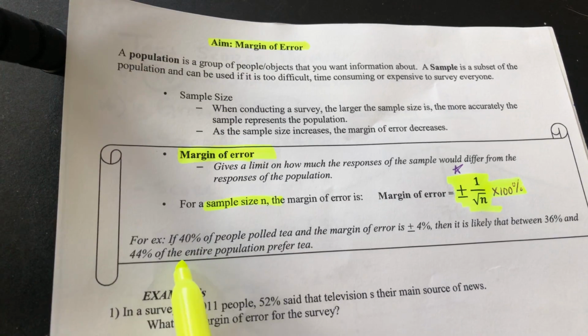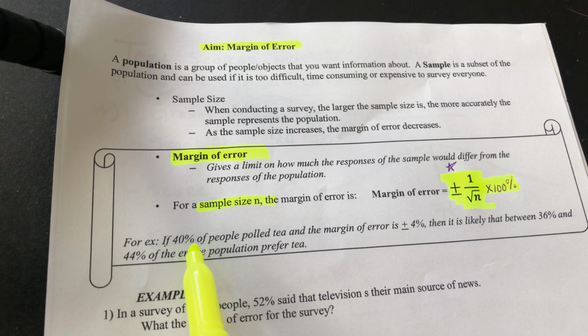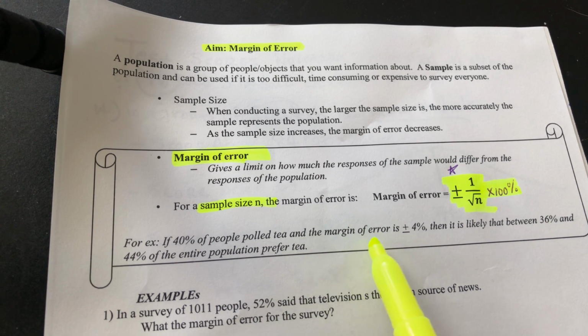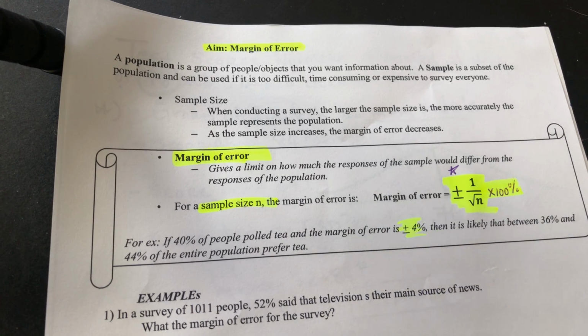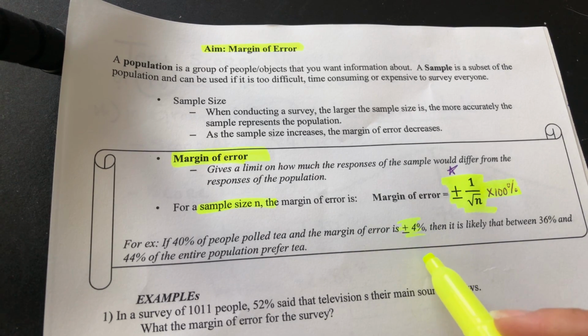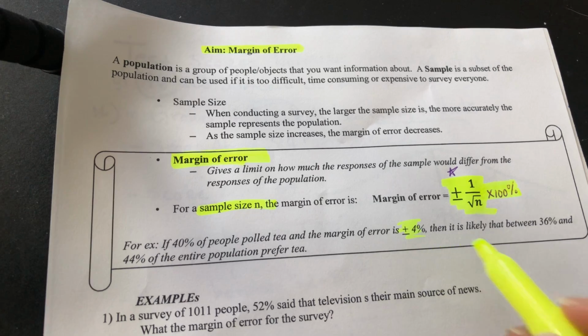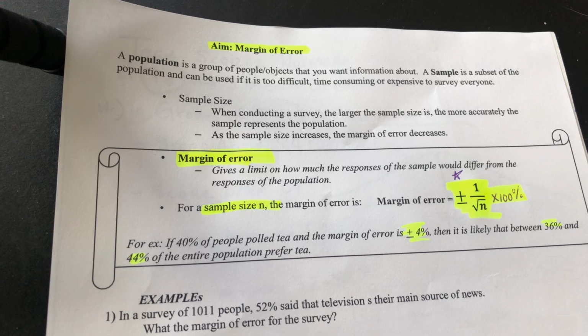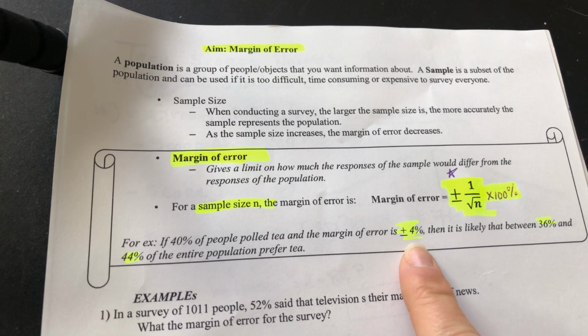And I just wrote an example so you guys understand. If 40% of the population polled prefer T, and the margin of error is plus or minus 4%, then what we say is it's likely between 36 and 44% prefer T. So if we chose random people and 40% of those people said, I like T, well, we calculate the margin of error, and the margin of error is plus or minus 4.